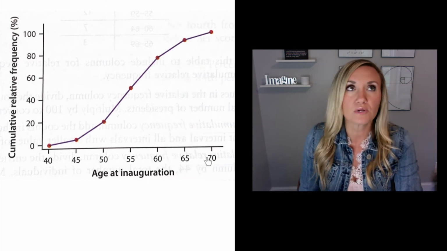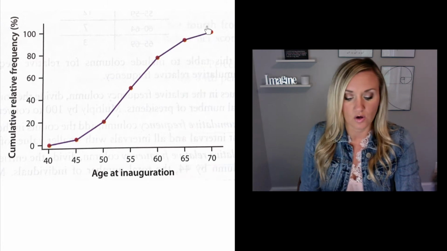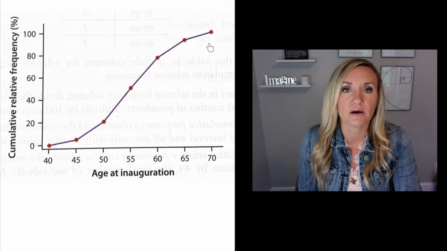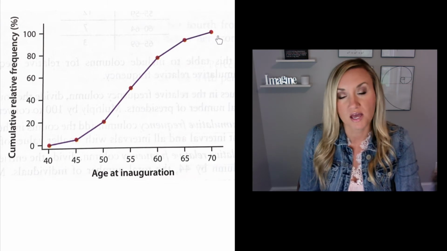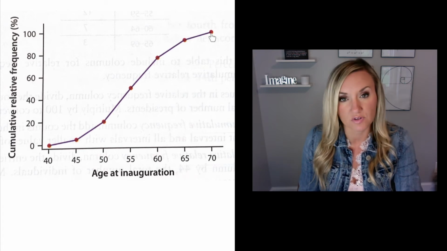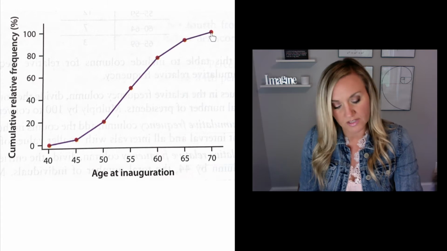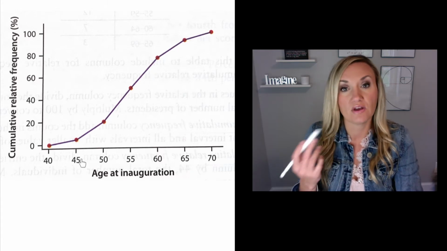You wouldn't read this as saying that they were 70, it's at 100. You need to think of it as: 100% of the presidents were inaugurated before they were 70. That makes sense. Now take a look at what percentile the presidents were at for the age of 55.